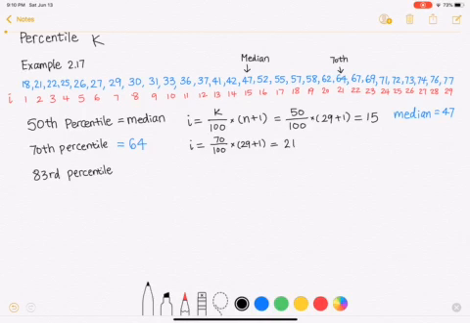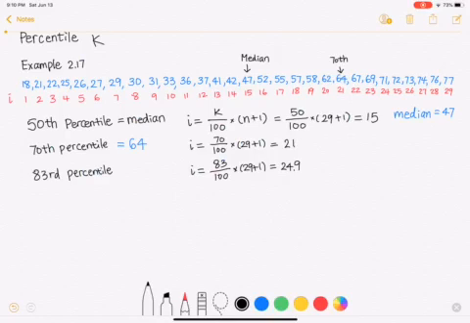So we follow the formula. i equals 83 divided by 100 times 29 plus 1. You use a calculator, and that equals 24.9. It's telling you that is the position you need to look at. But we know there's no such 24.9 position, so we have to round it.